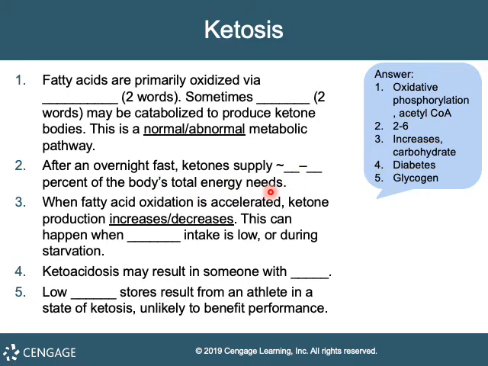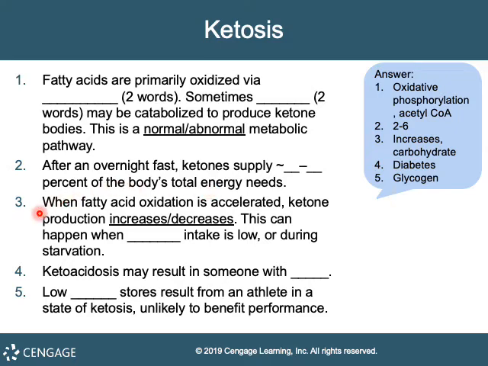It's not normal, however, if blood ketones accumulate to an abnormally high amount or there's ketones present in the urine. That would be abnormal. And remember that ketones can supply energy to the body just like glucose. However, glucose is still needed for the brain and the nervous system.